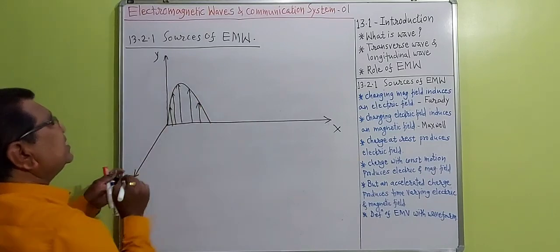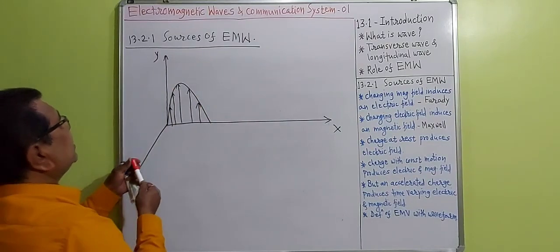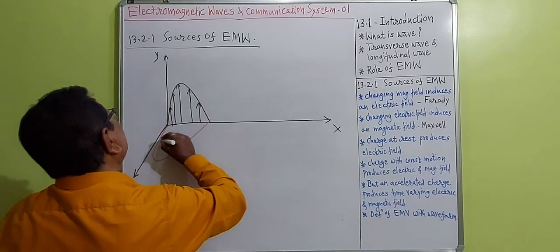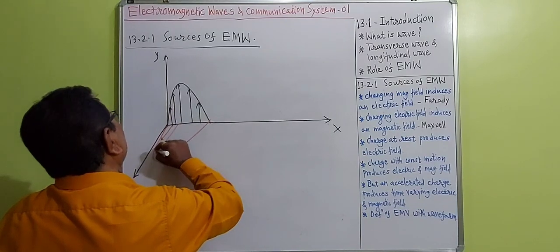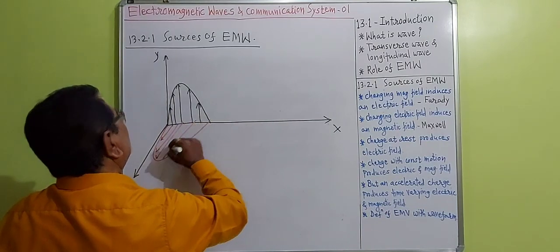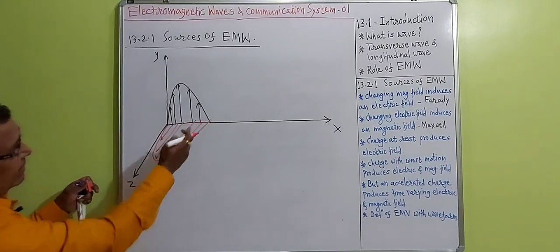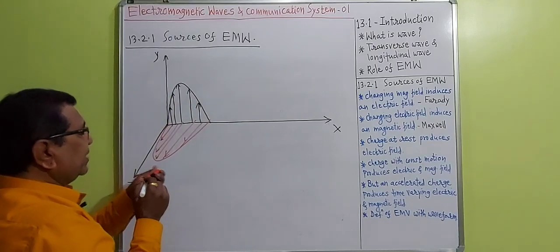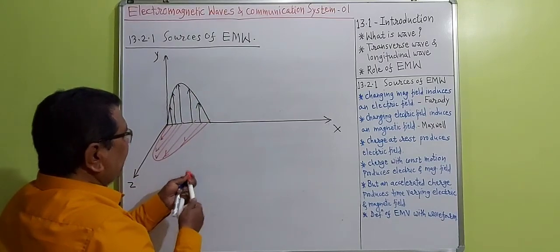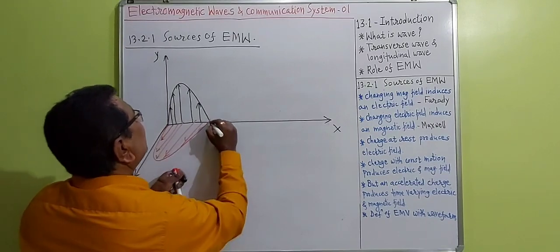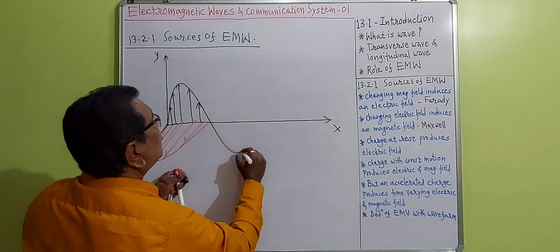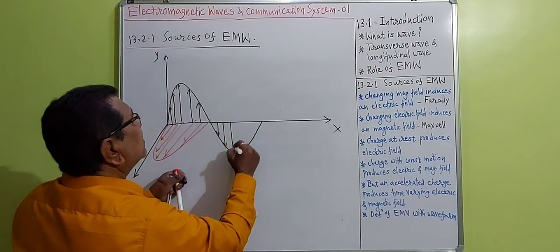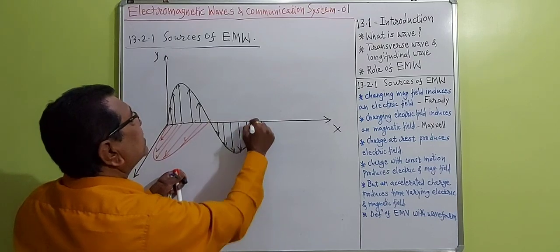Because of this changing magnetic field, we get a change in electric field like this. This is the direction of the electric field along the z-axis, and due to this change in electric field, we get a change in magnetic field again, in the downward direction along the y-axis.